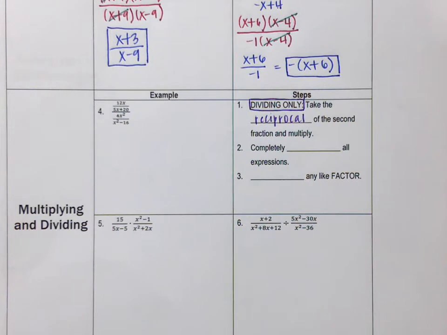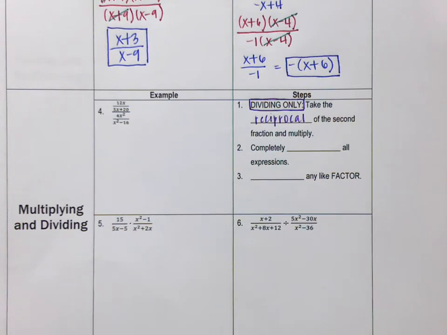It's just like if we were doing a normal fraction. So if I had 3/4 divided by 1/5, to get that you would multiply by the reciprocal. It's the exact same. So we're going to actually start with that step.